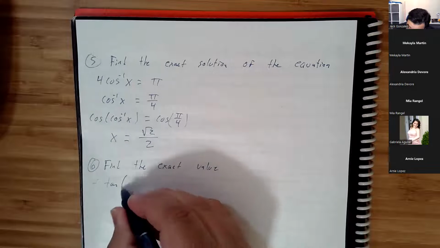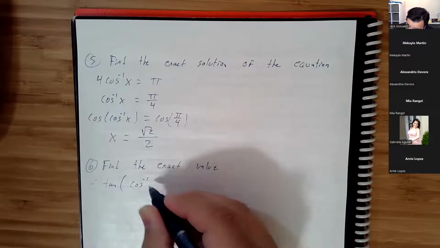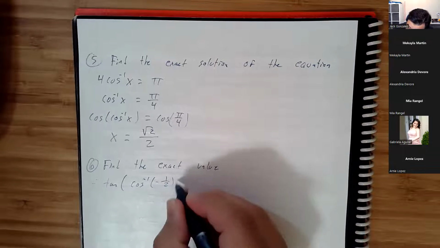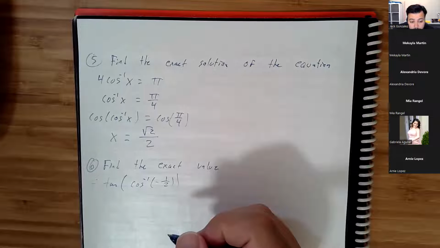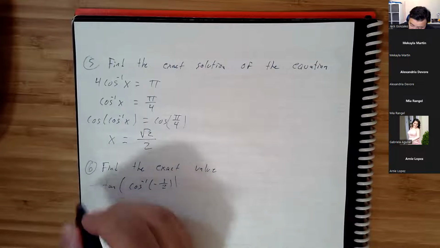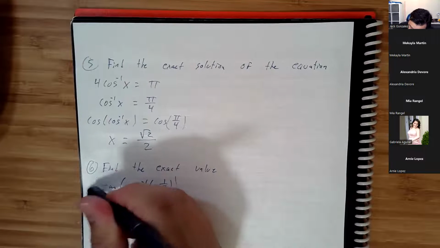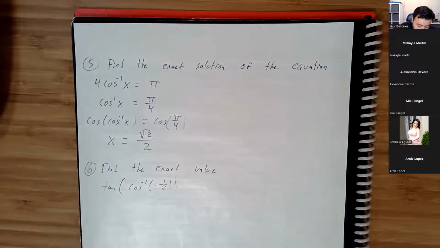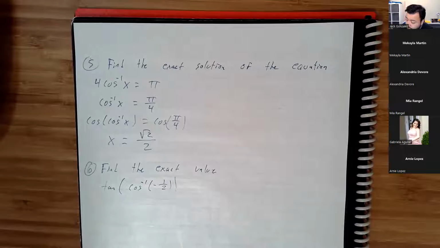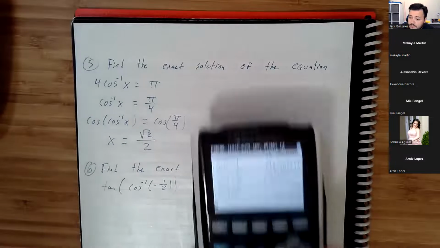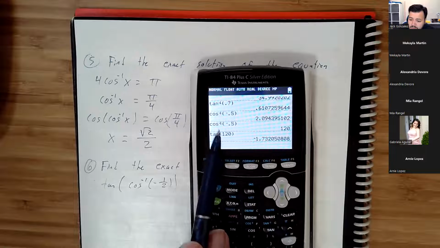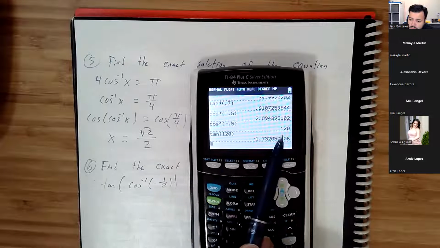So tangent, cosine inverse of -1/2. On your calculator, this is what you're gonna do. To cosine inverse, do the inside first, and you get 120.